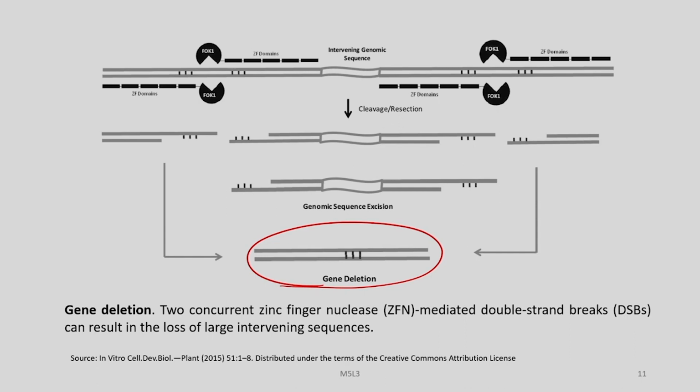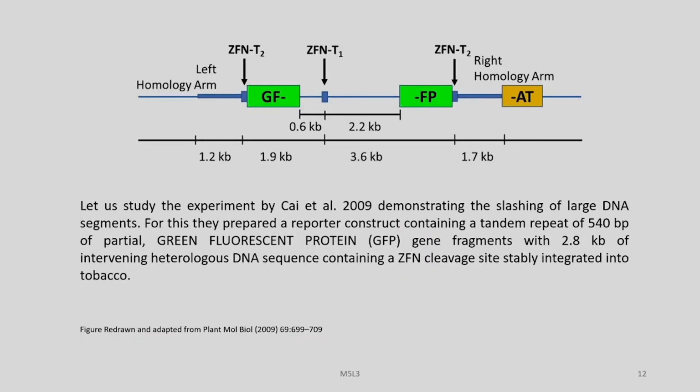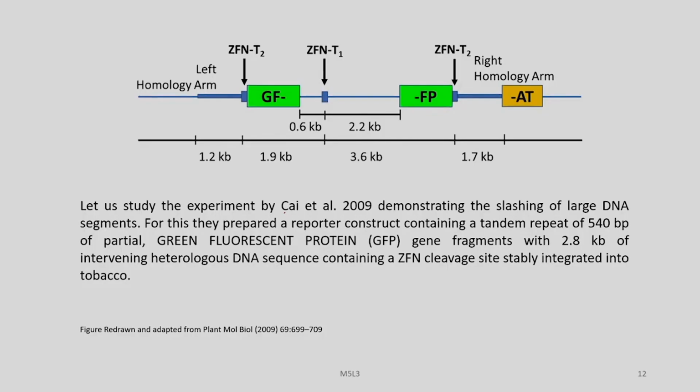So, the two concurrent zinc finger nucleases mediate the double strand breaks, and this results in the loss of this large intervening sequence. This was carried forward to be demonstrated by Kim et al.